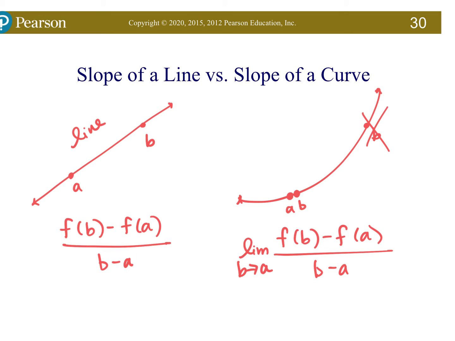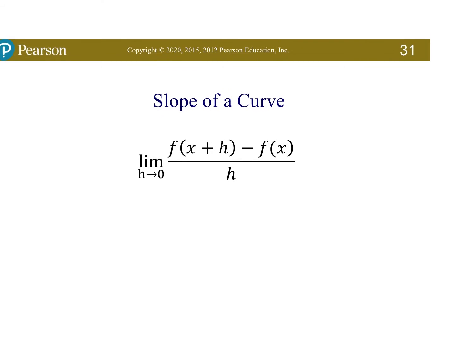Leibniz was the first guy to work on this idea of bringing the points together. Newton, same thing. He just called his H instead of B. Here's Newton's.